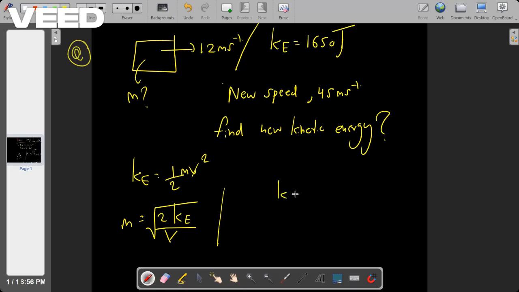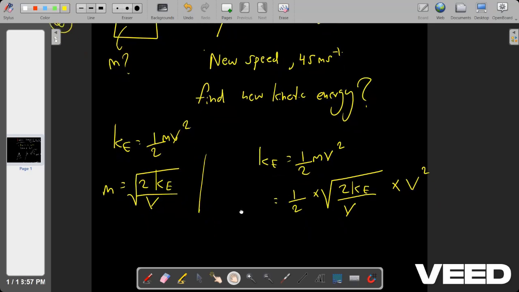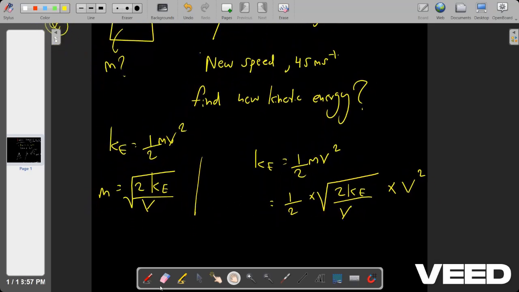So here the new kinetic energy is half the mass times v squared, and the same mass is not going to change. So half times 2KE over v squared, multiplied by the new v squared. Now just plug in the values. The harder part is over.